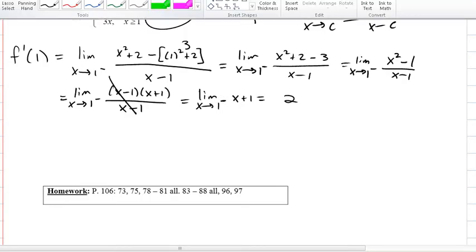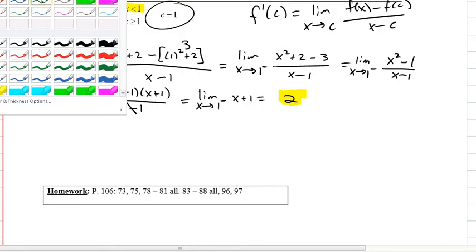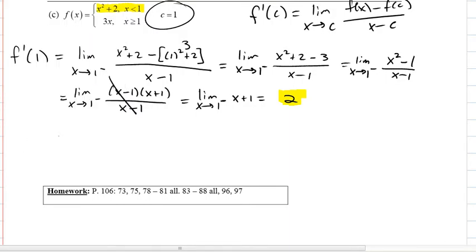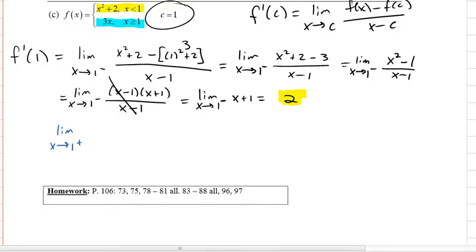Okay, I'm going to go ahead and highlight this part. Now let me go ahead and do it from the right. So the limit as x approaches 1 from the right is now the bottom function.